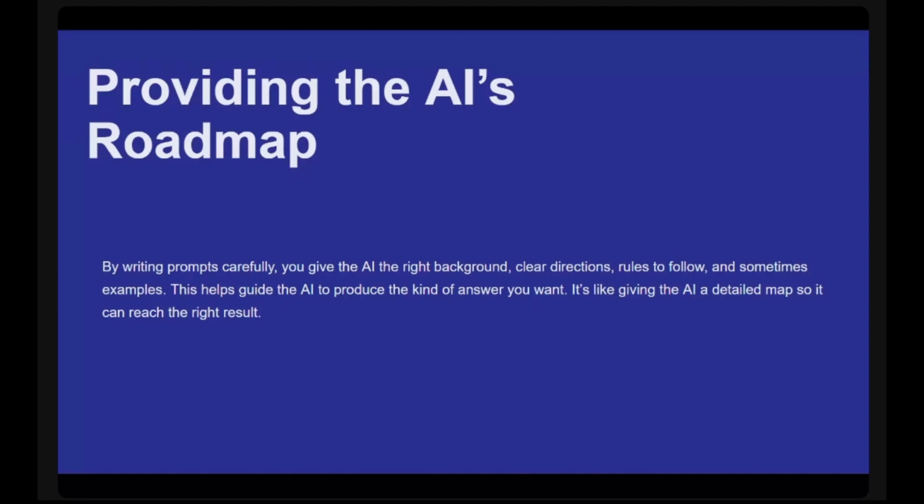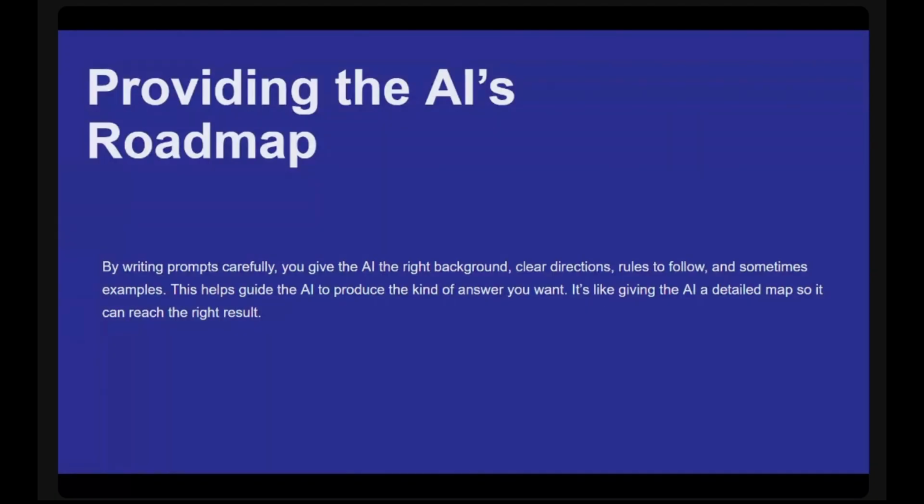So first of all, you have to think in your mind what kind of product you want, what kind of app, what kind of website, or what kind of code you want your AI to build for you. And you must be thinking in steps in your brain.